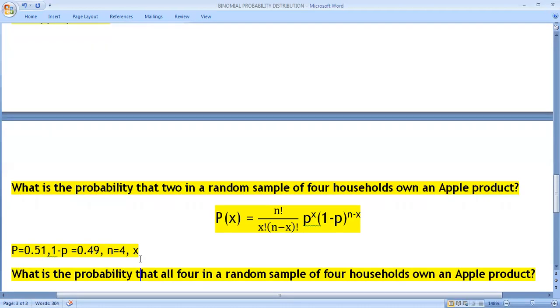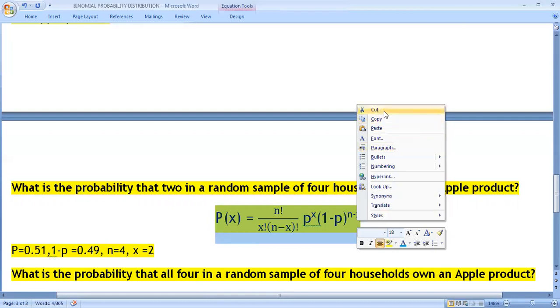X equals 2 in such a situation, because they're asking what is the probability that 2 in a random sample of 4 households own an Apple product.